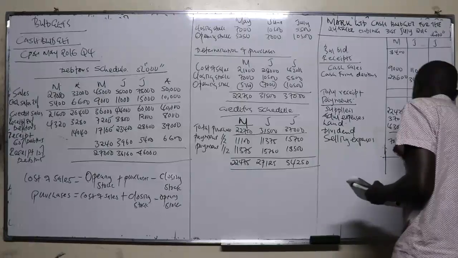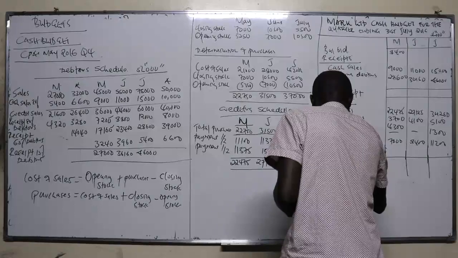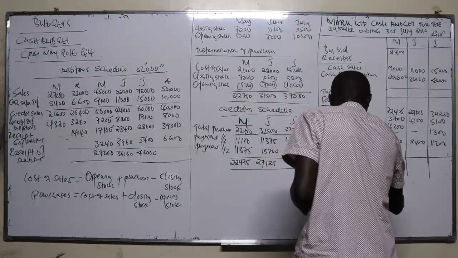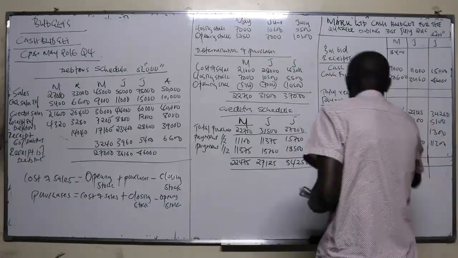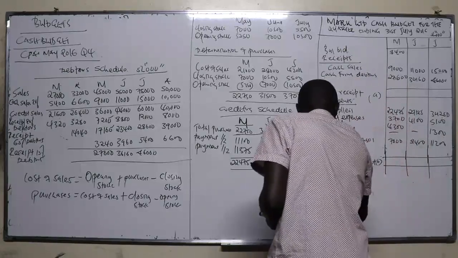And then we can have here total payments. So this one you can say A, this one is B. Then here we have balance carried down.